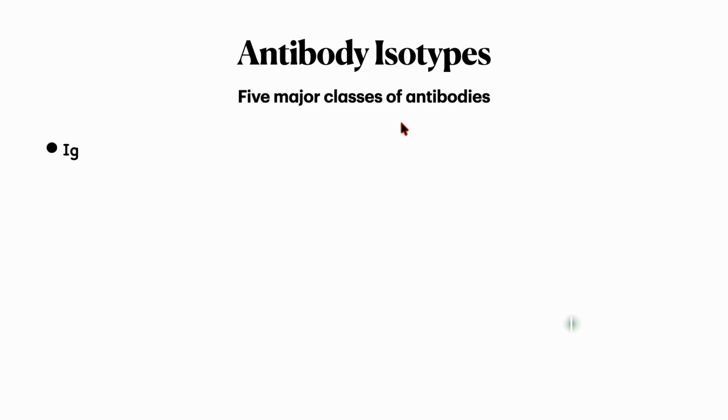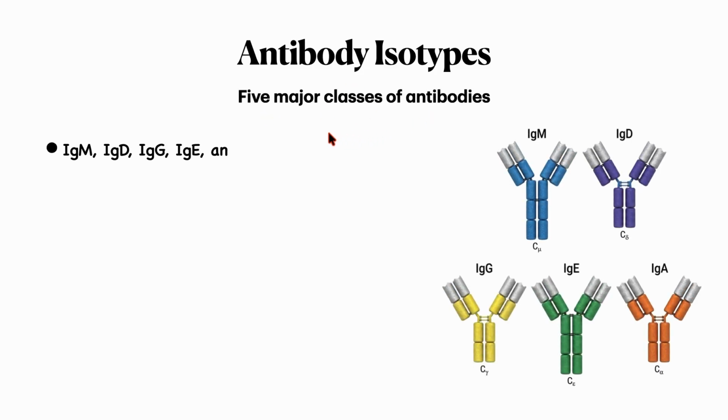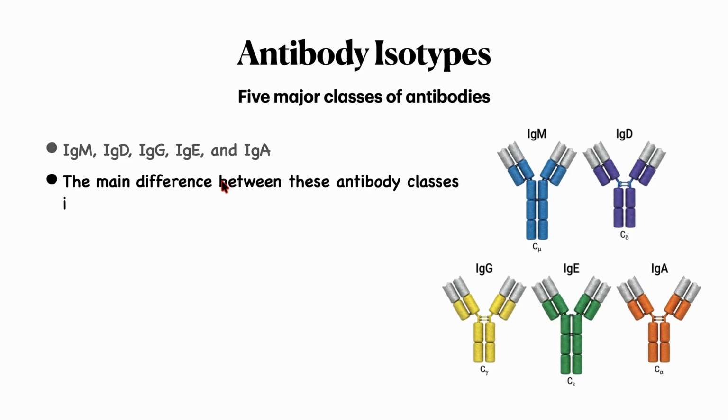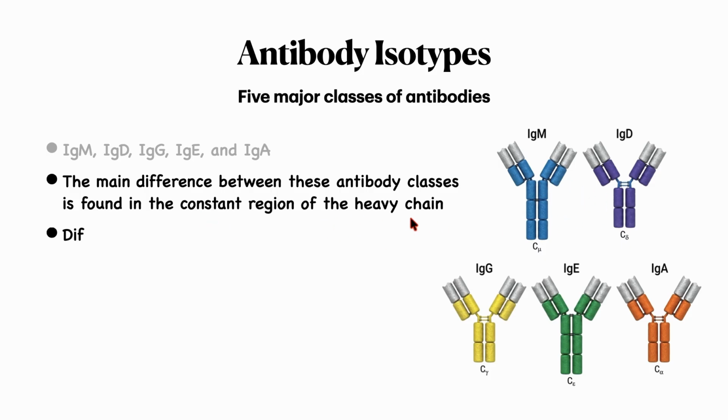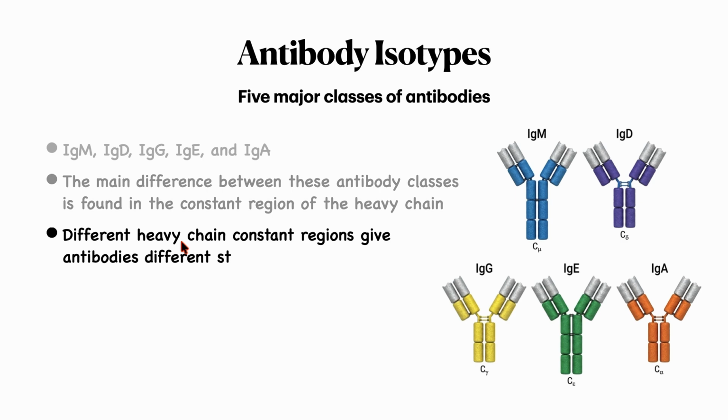Now let's discuss the 5 major antibody isotypes. Humans have 5 major classes of antibodies: IgM, IgD, IgG, IgE, and IgA. The main difference between these antibody classes is found in the constant region of the heavy chain. Different heavy chain constant regions give antibodies different structures and functions.